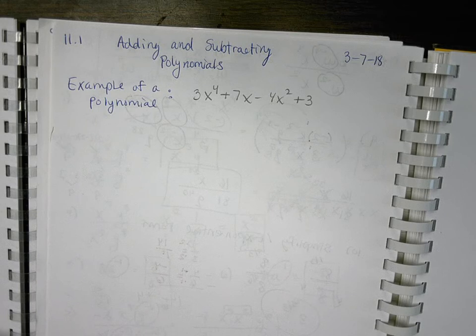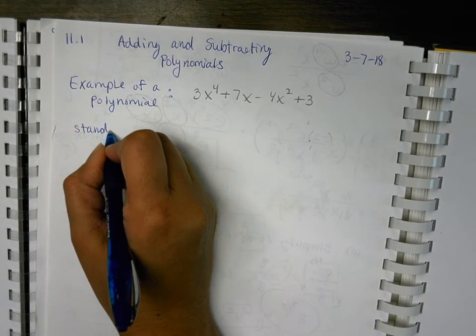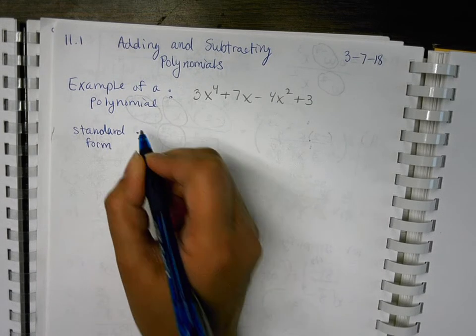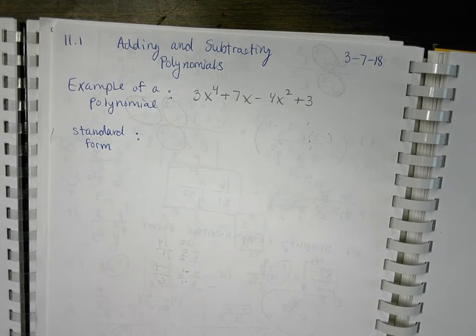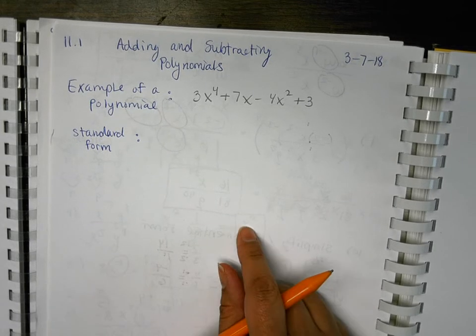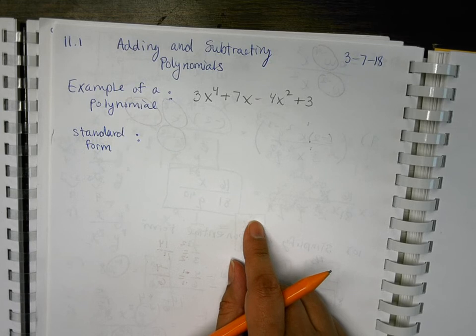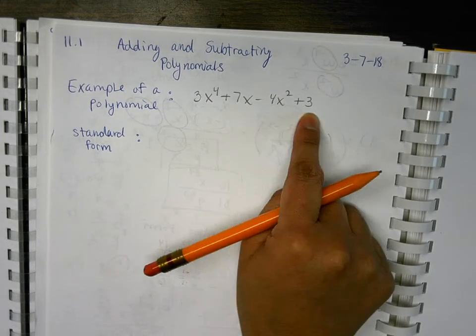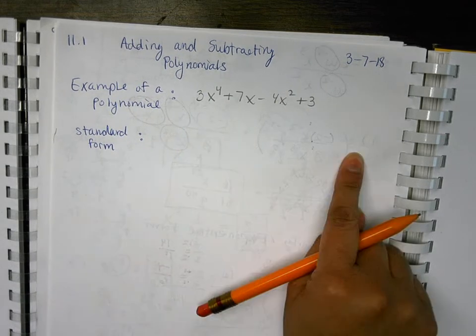Yes? All right, so this next piece we're going to write here is write in standard form. How do you write this in standard form? Does anybody know what it means to write in standard form? Well, it would imply to first simplify, but are there any like terms here? They're not. It means to write in descending order. So your largest exponent goes first, and then you just go down from there.